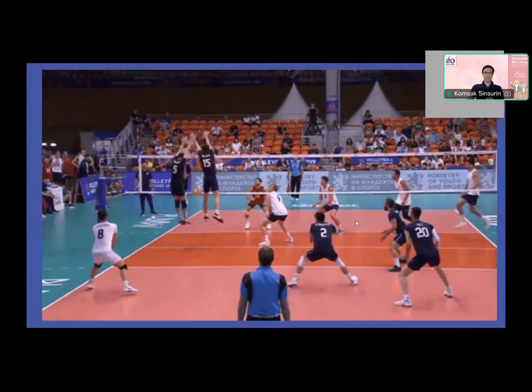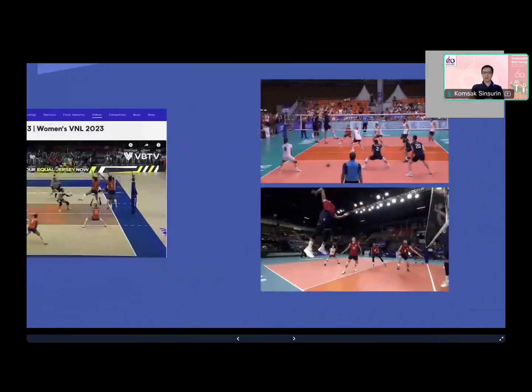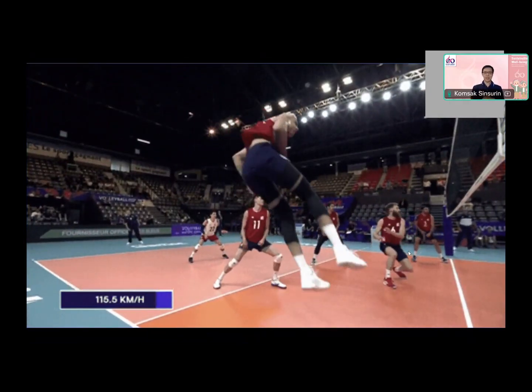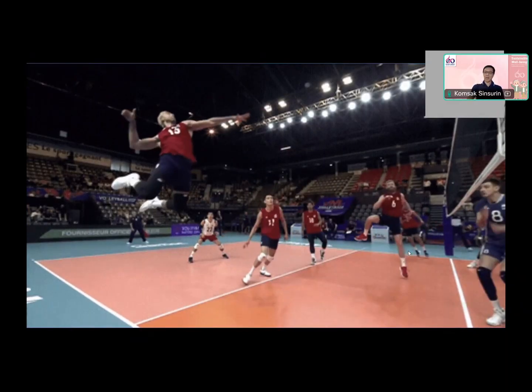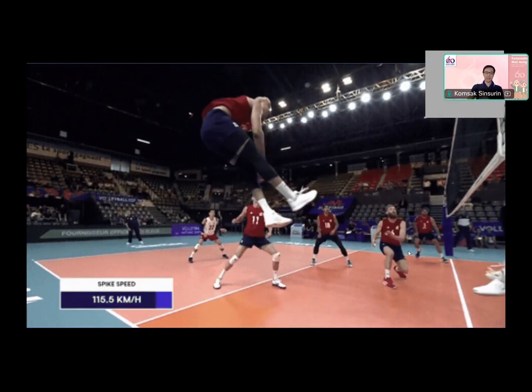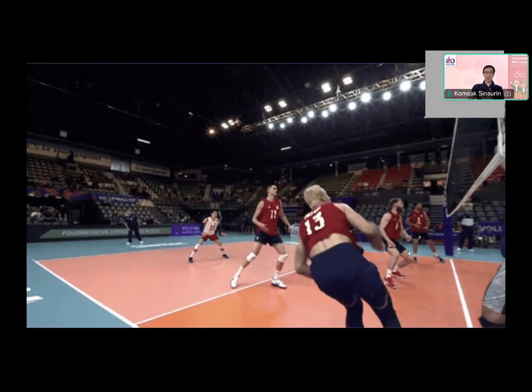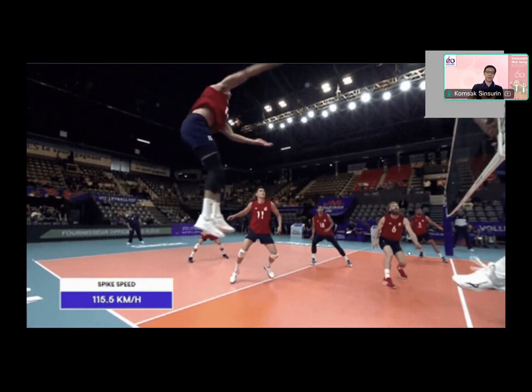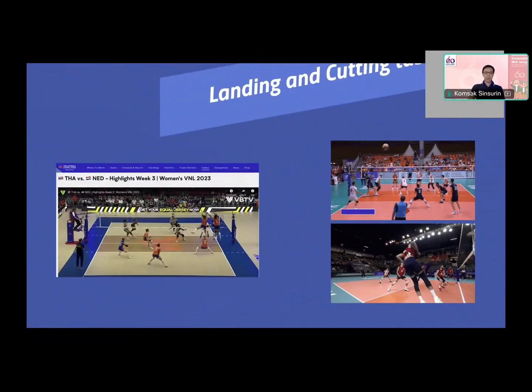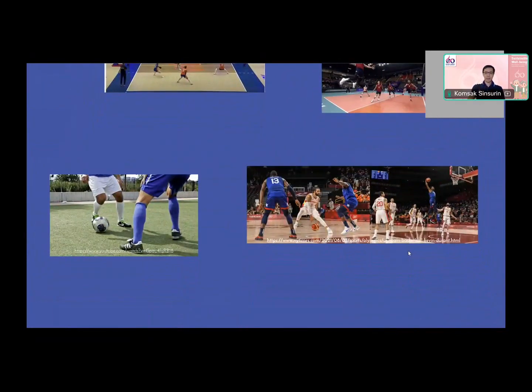And this guy, after smashing, lands with a single leg, and his trunk also rotates during the flight phase. That's why most biomechanics research tries to examine the biomechanical contributors to the risk of non-contact ACL injury.